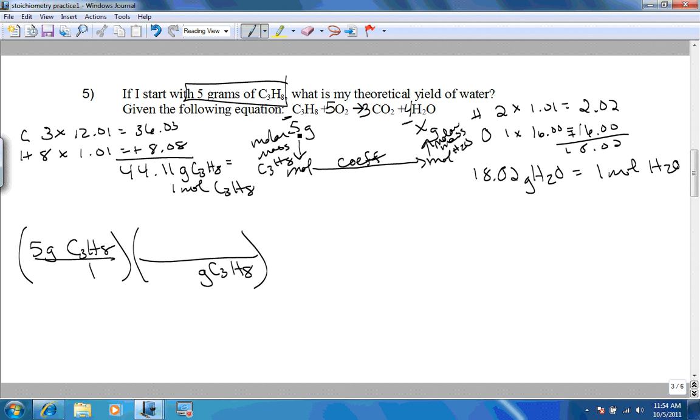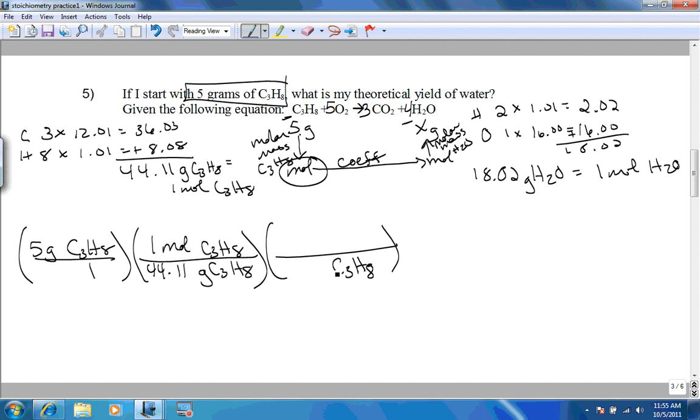In order to get from grams to moles, I have to use the molar mass. That's the 44.10. That is equal to 1 mole, so that's going to go on the top of that line. Alright, in the next division, we have C3H8 on the top, so that means I want to put that on the bottom of the next one. Whatever's on top needs to be on the bottom of the next one.